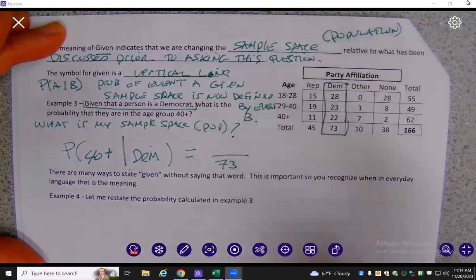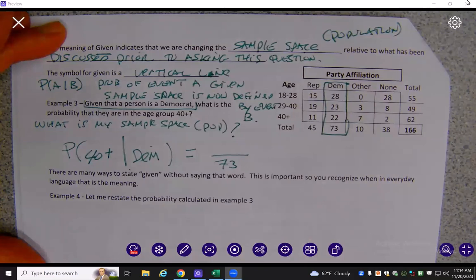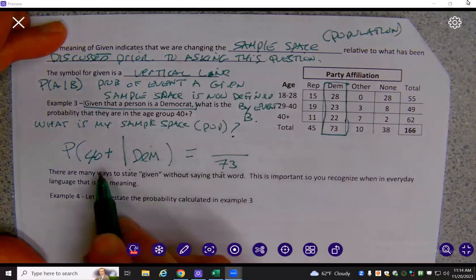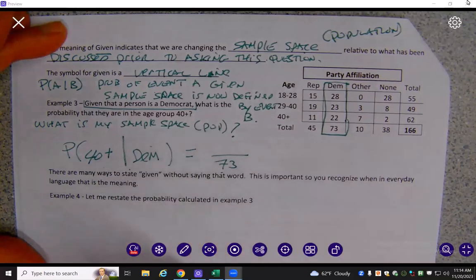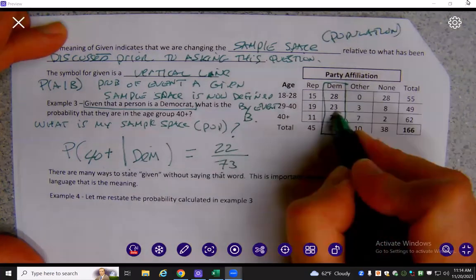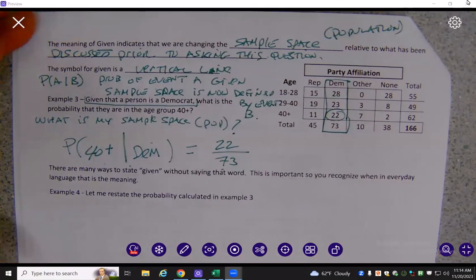This question has killed that entire table. That entire table does not exist anymore. The only thing that exists is this column, nothing else. So notice the total is 73, and notice how many meet the criteria of 40 plus out of this 73. What is it? 22. This one. That's all that meet that criteria.